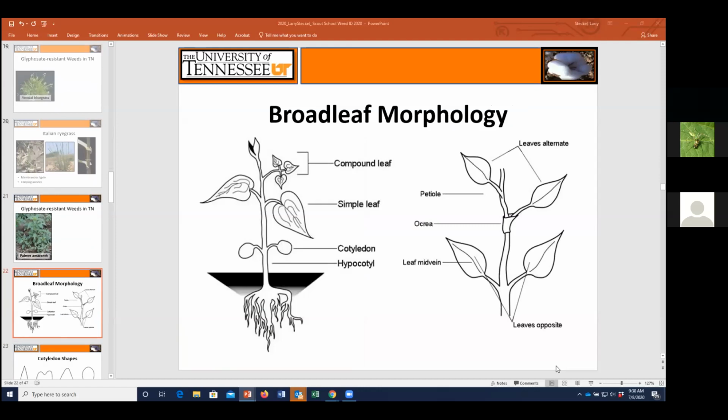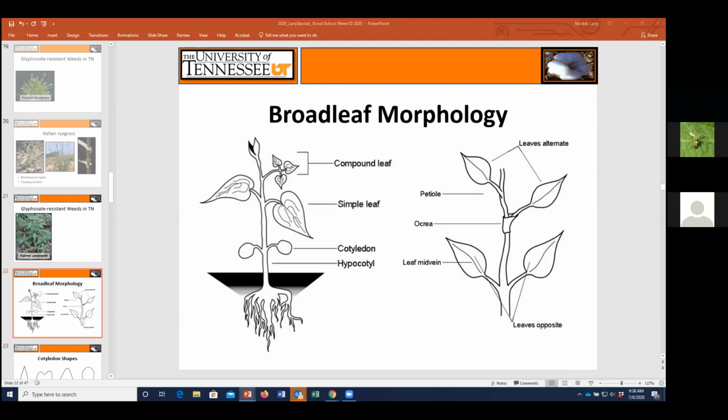A compound leaf is basically leaflets that are formed together to form one leaf. A plant you're all familiar with that has a compound leaf is soybean. It's got three leaflets that make up a compound leaf. Others, like Palmer pigweed, have simple leaves that are just one big leaf, without a lot of leaflets like you see there.